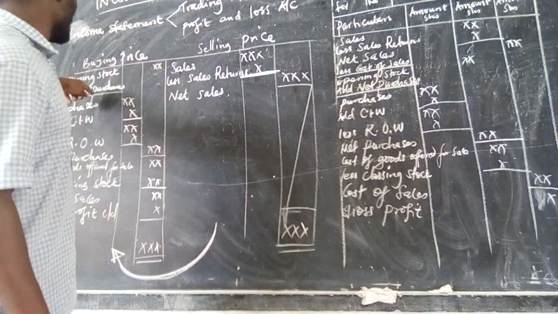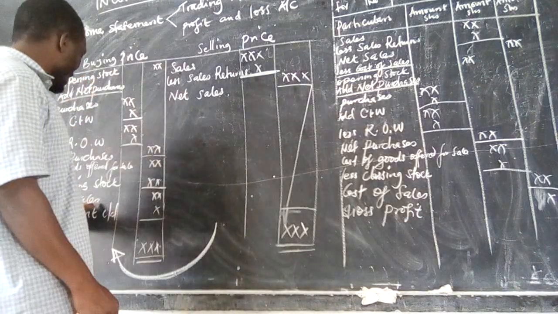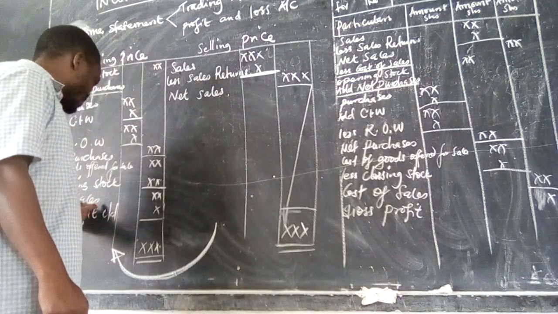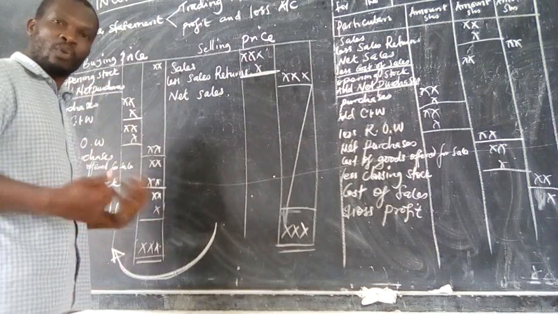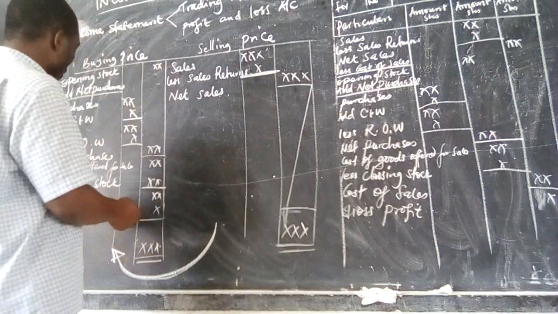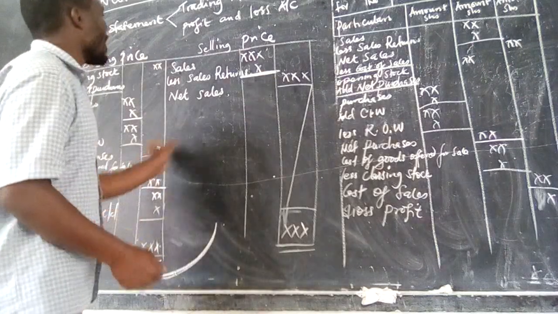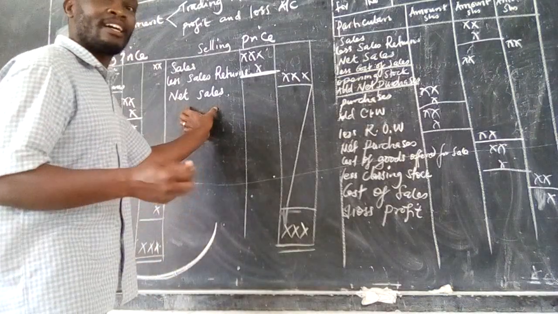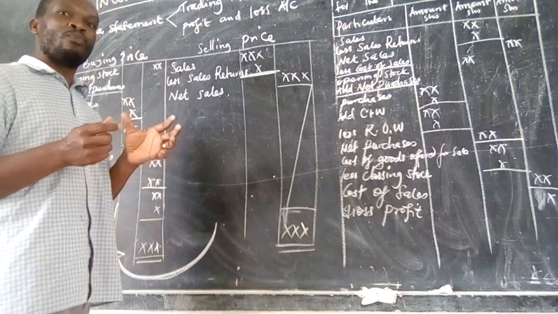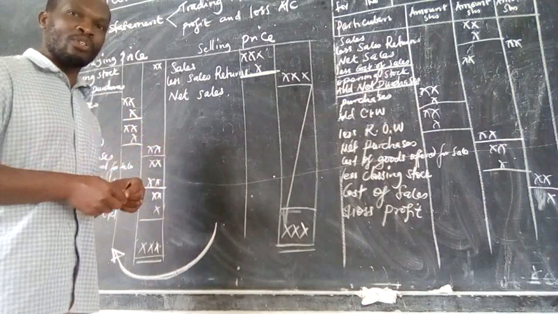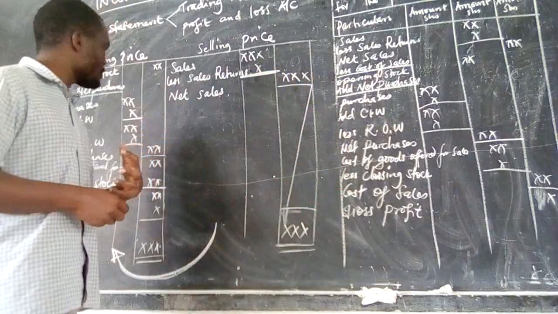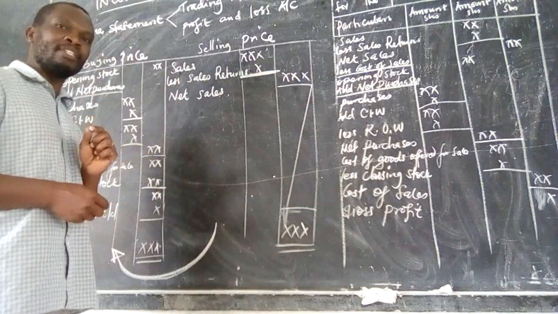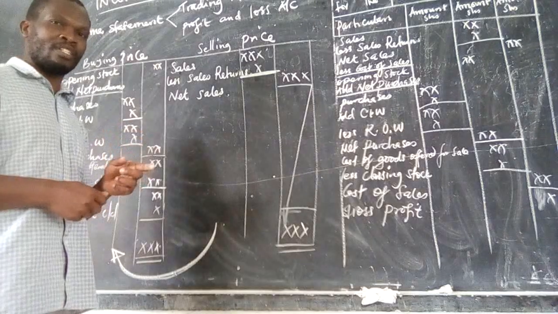So when you compare cost of sales, which I will equate to the buying price or the cost price, and the net sales, that is the amount of money invested in buying those goods versus the amount of money generated from the goods, we shall get to know whether the business is making a profit or loss.